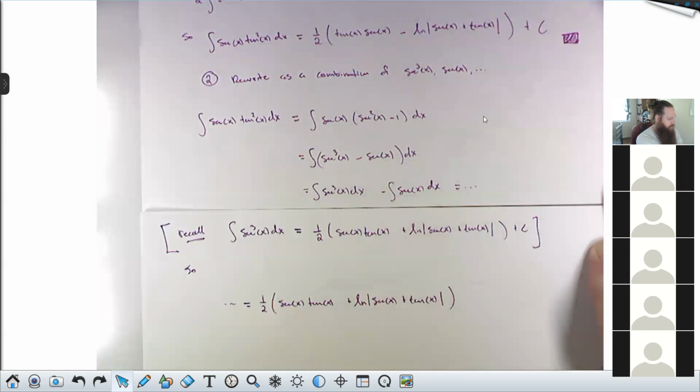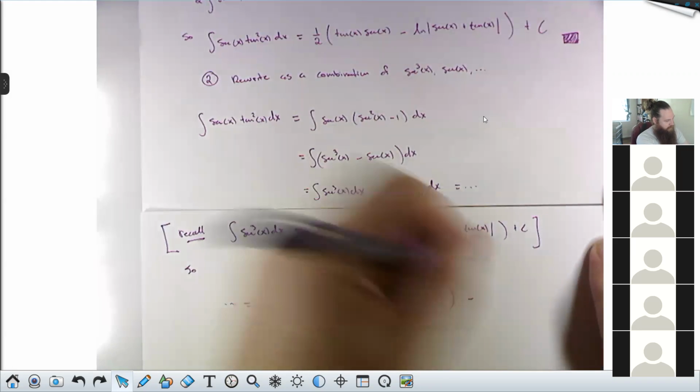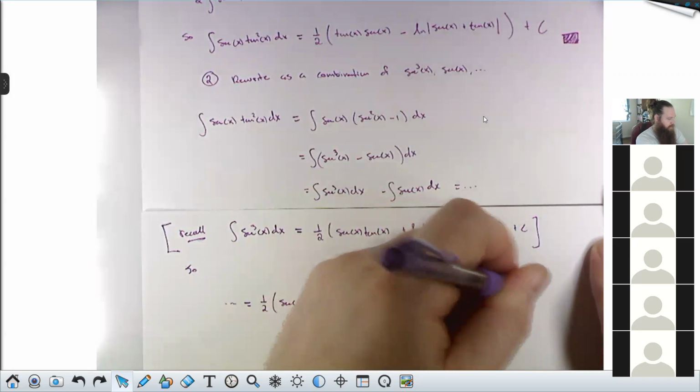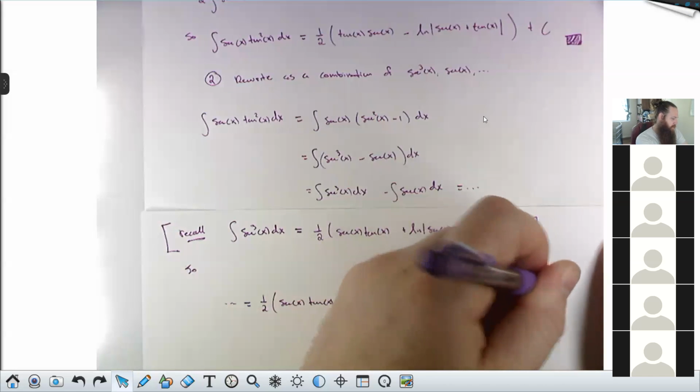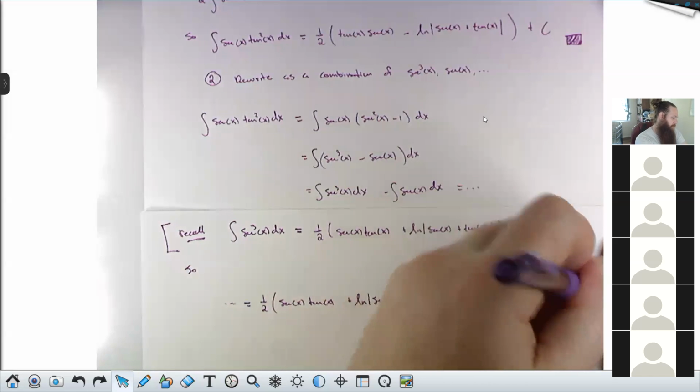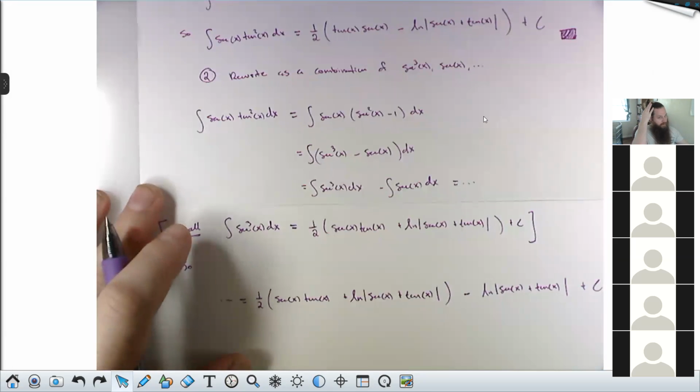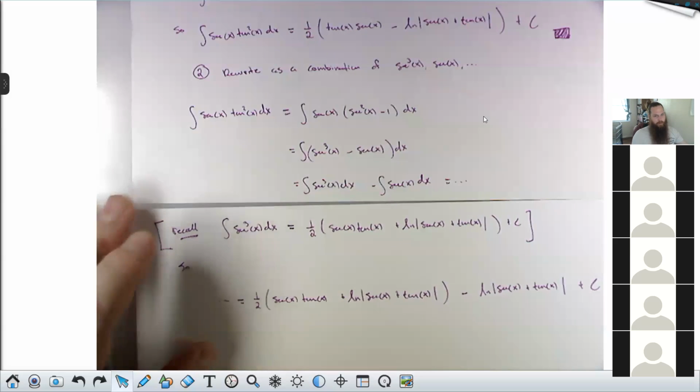I'm going to leave off the plus c for now, and then minus the integral of secant x, I know is the ln of secant x plus tangent x. And I'll put my plus c over here. So this is the other way you can attack this problem.